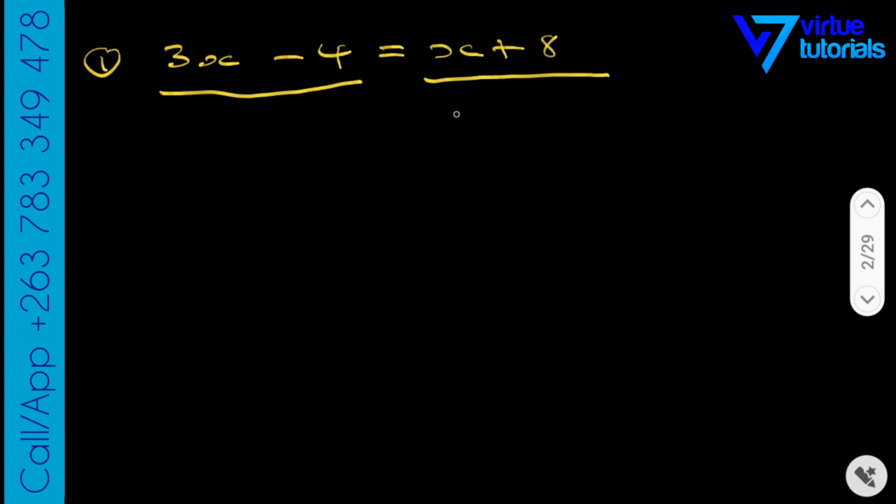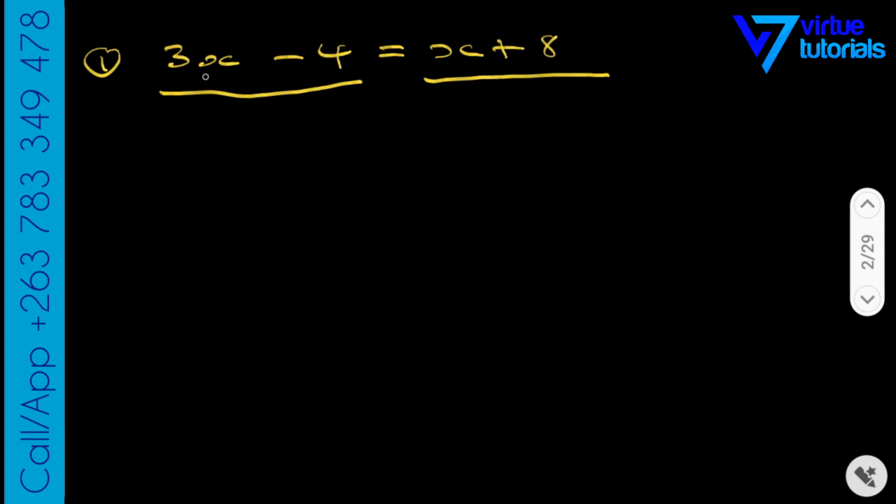When an item, a number, a letter, moves across the equal sign, it must perform a function opposite to that which it was performing on the other side.